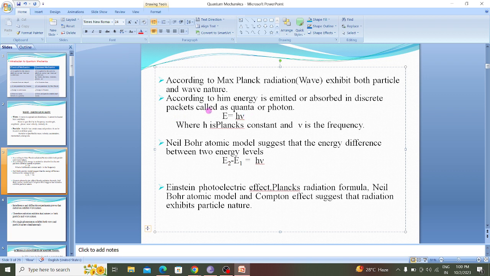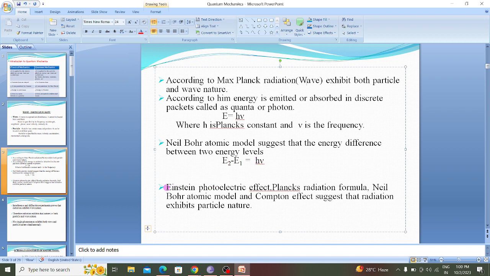Here the wave is described in discrete packets, meaning a wave is described in terms of a particle. Next, Neil Bohr's atomic model also says that the energy difference between two levels is a photon. So here the wave is described like a particle.